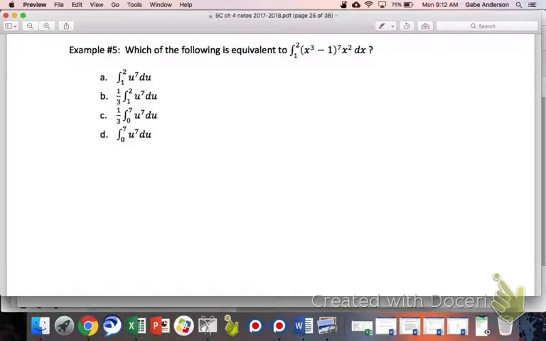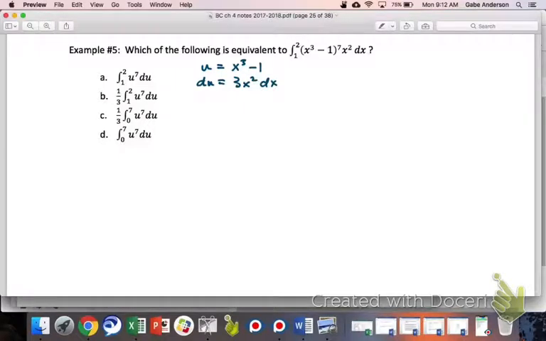I guess my approach to these is not to do it all in my head and try to pick the right answer. I'm going to go through the process. And so if I was going to go through the process here and set up my u for this particular integrand, what would my u have to be? x cubed minus 1, I agree. So that's set up there. And my du would then have to be 3x squared dx.